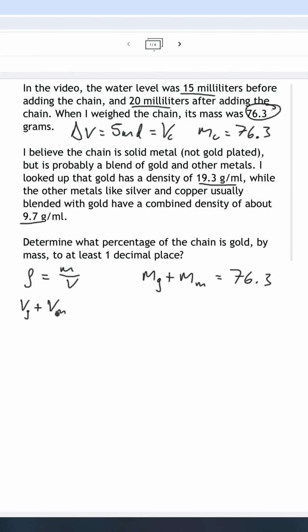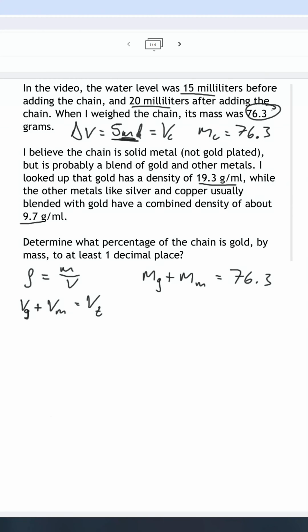So we're going to use also the sub-index M for the metals. This has to give us the total volume. And this is the reason why I change, instead of the density, I change to the volume, because we do know what is the total volume of the chain, which is 5 milliliters, right?